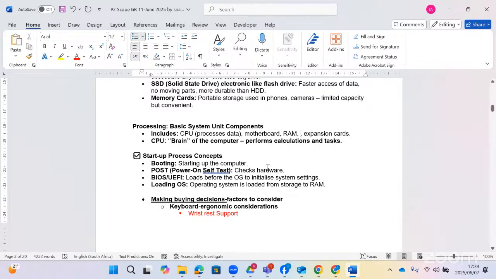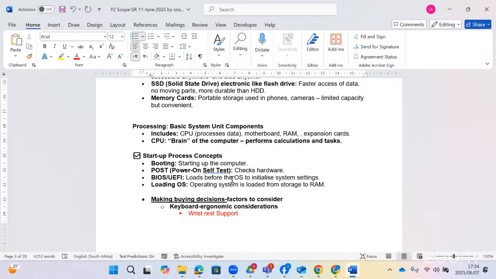Right. The startup process. What goes on in the computer whenever you switch it on? The process of switching on the computer, we call booting. And the process of restarting the computer is called rebooting. Now, the first stage is POST, power on self-test. Whenever you switch on the computer, it undergoes POST, which checks all the hardware, whether they are working.